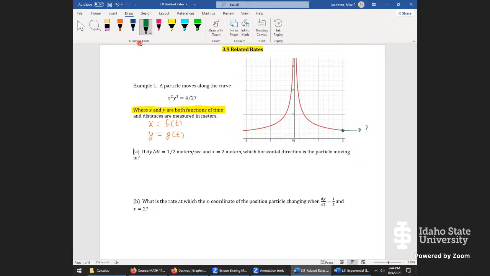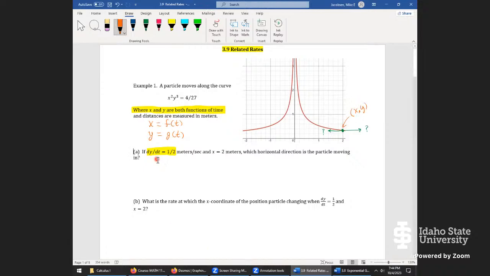I'll put a question mark there because we're uncertain. Or is it moving to the left? I mean, it doesn't really move to the left. It goes upward. It has to follow this track. But if we're just thinking horizontal, is it moving leftwards or rightwards is the question. But that's positive. It's the rate of change of the second coordinate y. At any point here, we have an x, y.